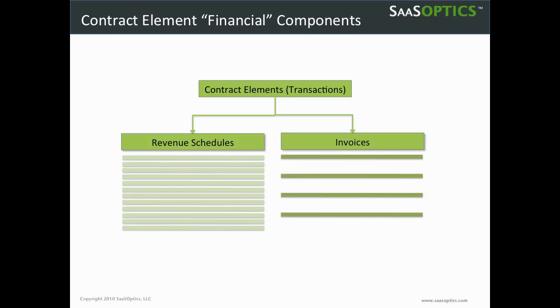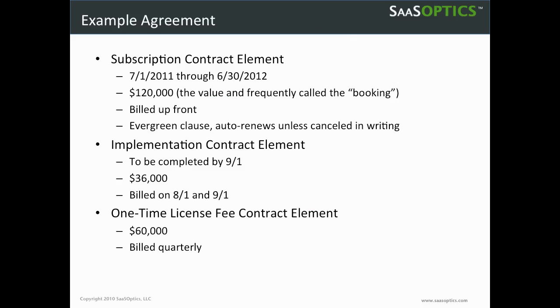And then the contract itself will have invoices. You may have one or more invoices for the contract. Your invoices may include invoice line items that cover multiple contract elements. But really, again, really important concept is each contract element has its own revenue schedule. And then the contract or the contract element could have one or more invoices.